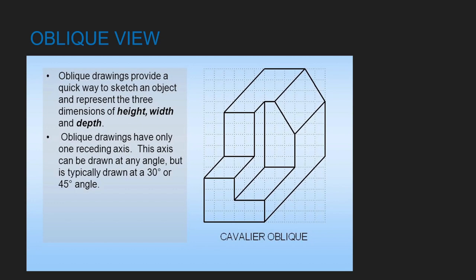We keep x and y on the same line, horizontal and vertical, but we make another angled line, either 30 or 45 degrees. Likewise isometric, we add parallel lines and connect them. So this is also a 2D drawing which looks like a 3D.